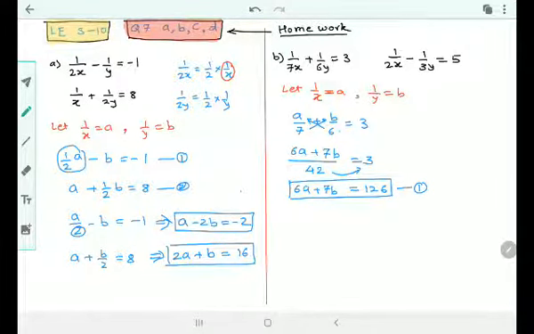Check what I did here. I just substituted 1 upon x equal to a and 1 upon y is equal to b. This term, which was 1 upon 7 into 1 upon x, I replaced as a, so it became a by 7. You can check here.